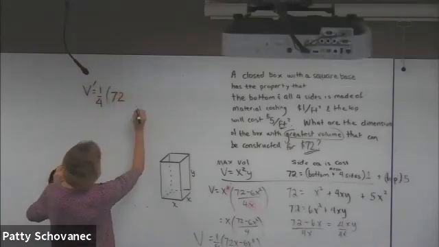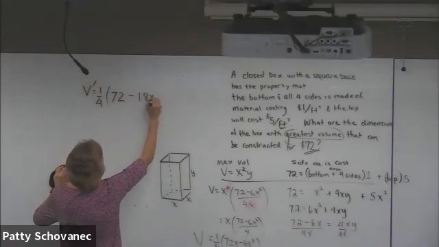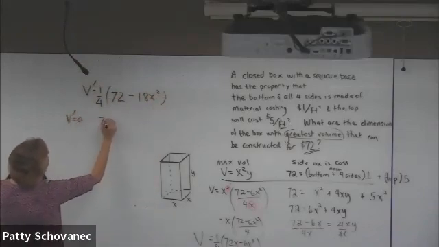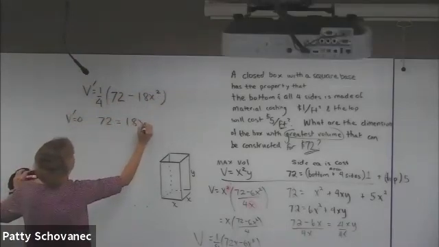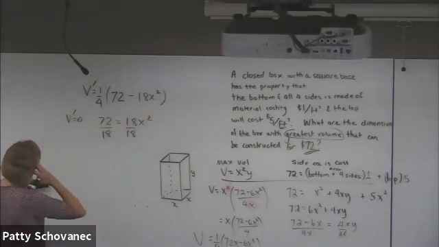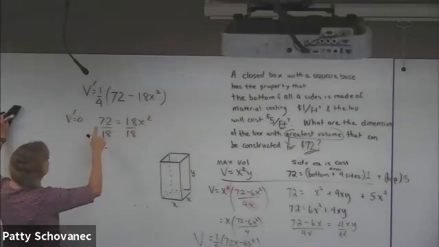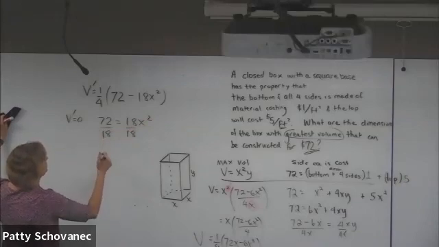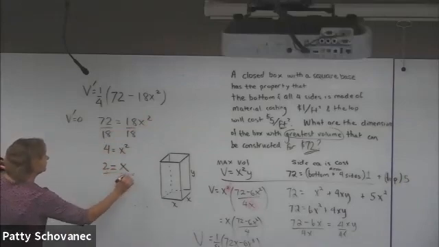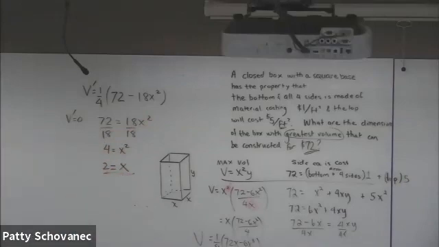The derivative of 6x cubed is negative 18x squared. When I set that equal to 0, I find where 72 is equal to 18x squared. Let's see, 3 times 8. That goes 4 times. That's a nice problem. It gives us x is 2.